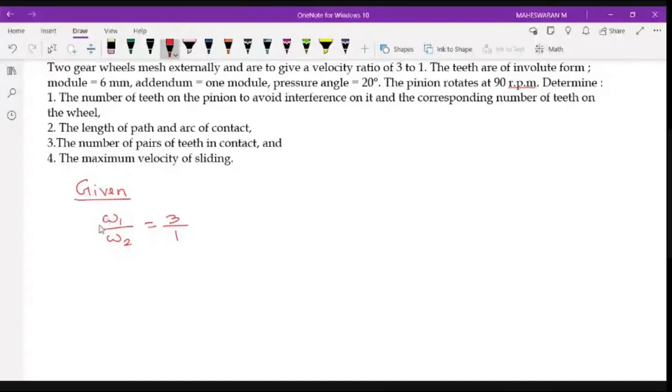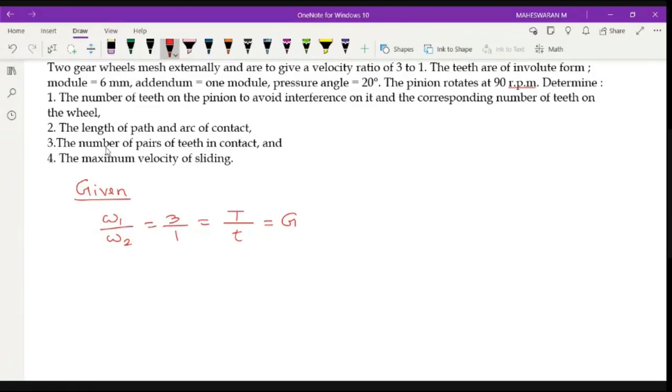I can write it in a different form: capital T by small t, which is nothing but the gear ratio G. So instead of directly giving us the gear ratio, they mentioned it as velocity ratio. So this is the first thing.